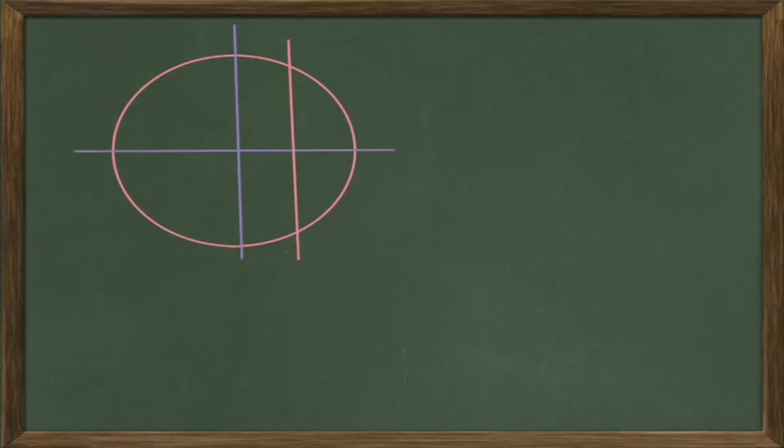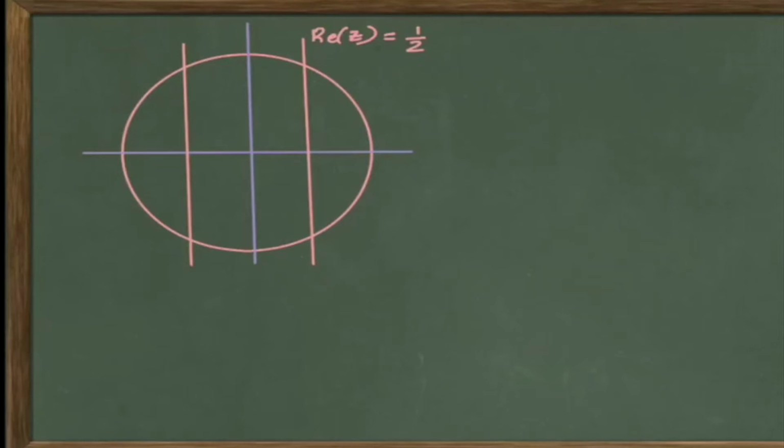This corresponds to the points which lie on the right of this line, real part of z is equal to half. Whereas the points of H2 correspond to the complex numbers whose real part is strictly less than minus half, which corresponds to the points that lie to the left of this line, real part of z is equal to minus half.